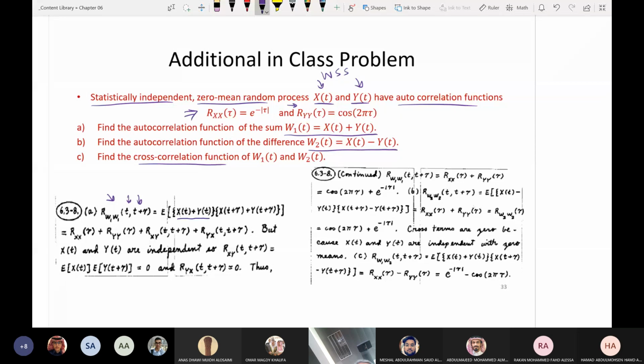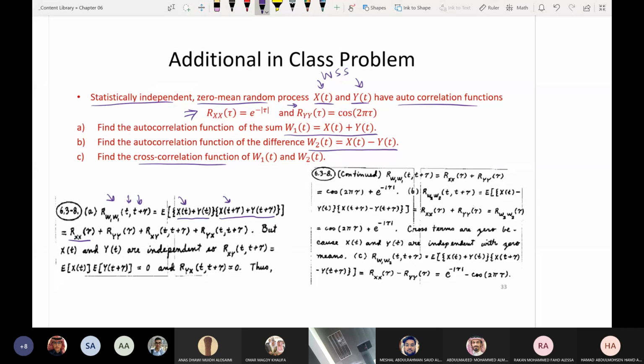Now, when we open this up, we have the expected value of x of t, x of t plus tau, plus the expected value of x of t, y of t plus tau, and so on. If we collect the terms and rewrite them in autocorrelation function fashion, the first term gives you Rxx of tau.